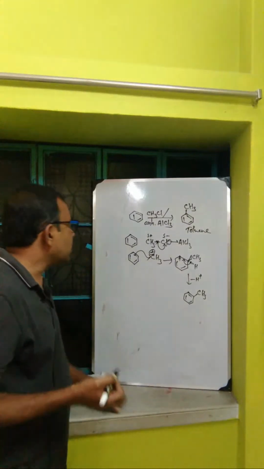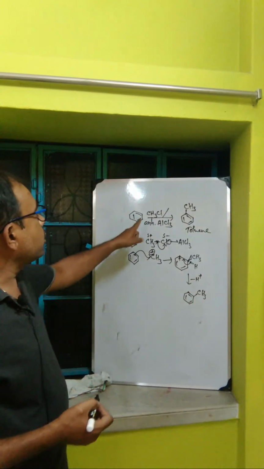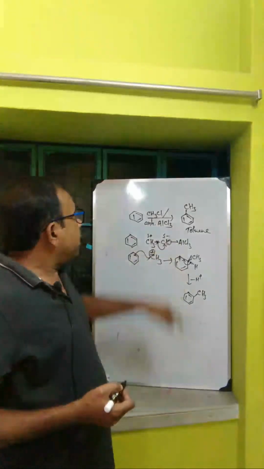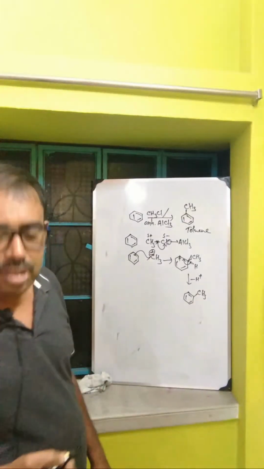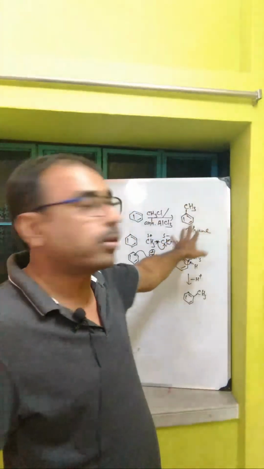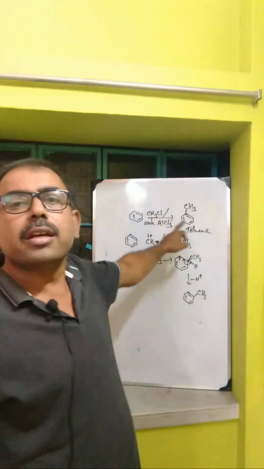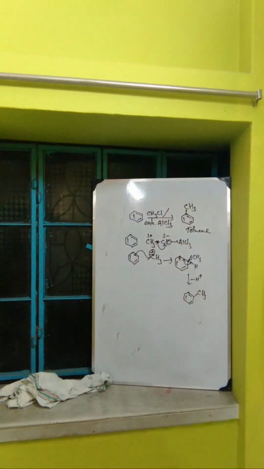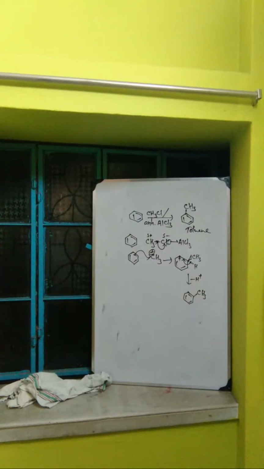Now what happens if we use C2H5Cl and anhydrous AlCl3 instead of CH3Cl and anhydrous AlCl3? If we use any alkyl group here, then the product will be alkylated benzene.